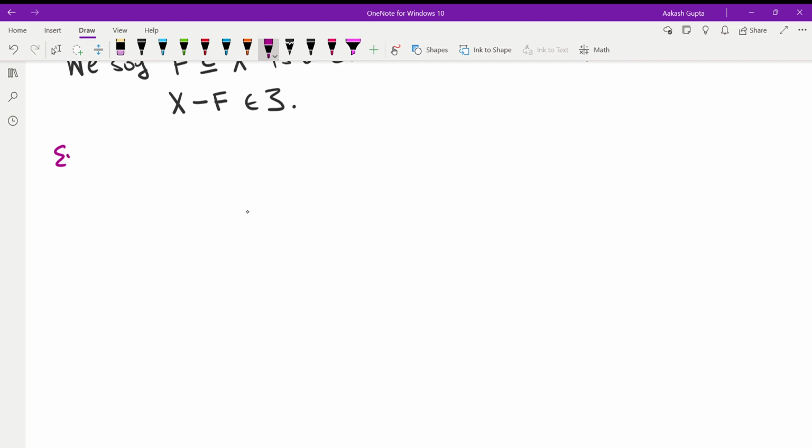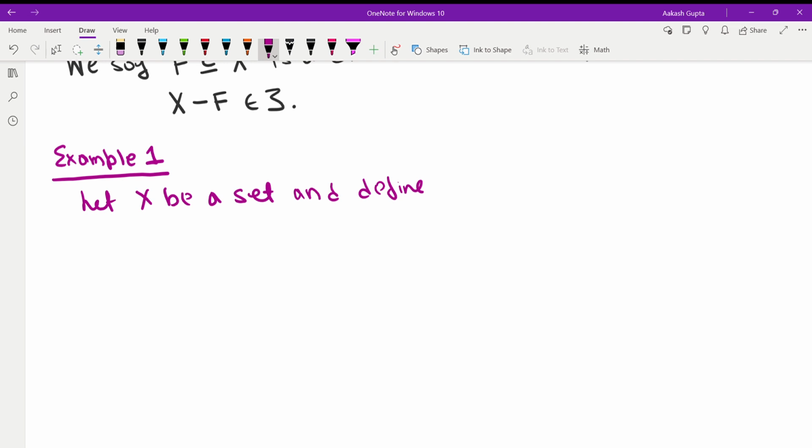So let us have example 1. Let X be a set and define, let me give a notation also at the same point of time, tau COF. I will be giving the meaning, don't worry. So what is this set? This is a collection. First of all, it has phi.